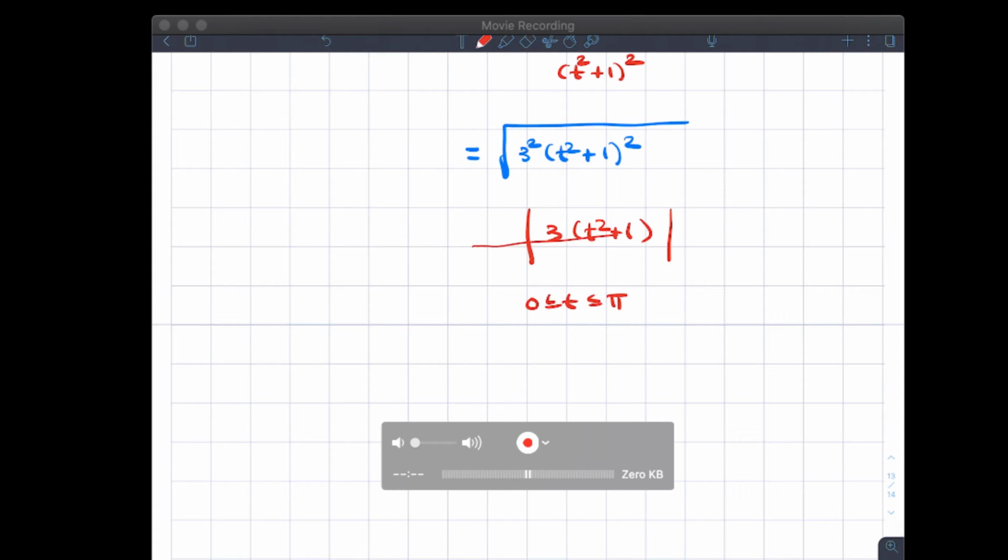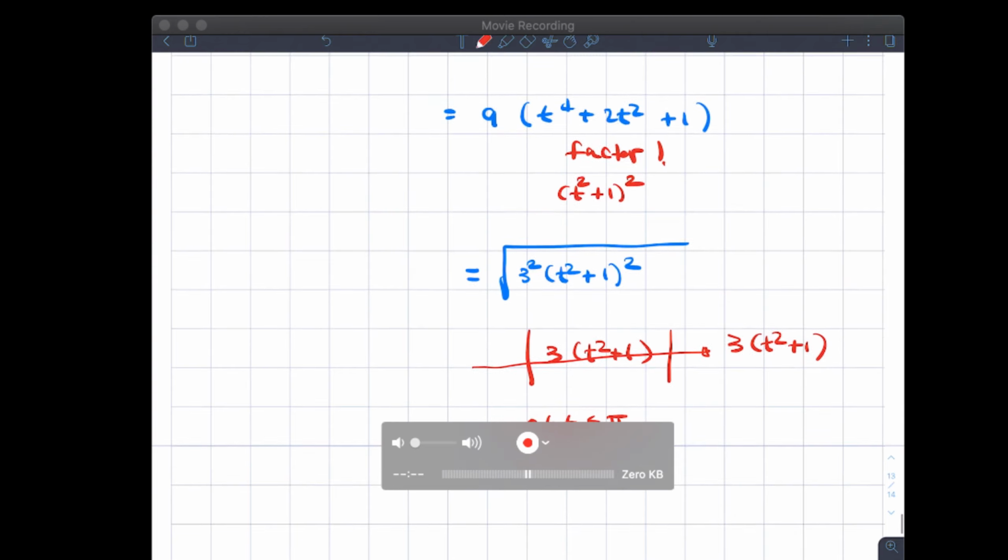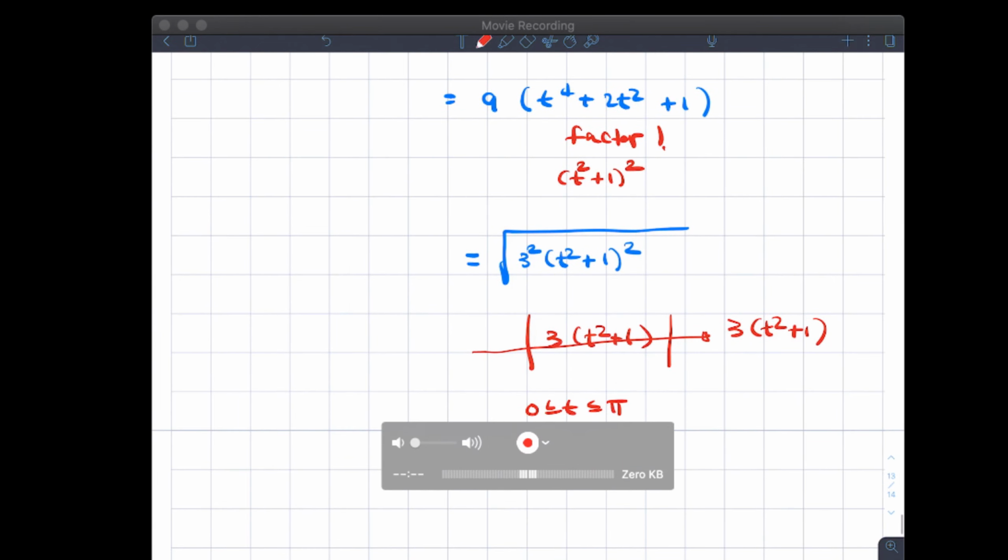We know that this is actually going to be 3 times t squared plus 1. Okay, so this is what's happening. That's going to be positive. So let's write this down.